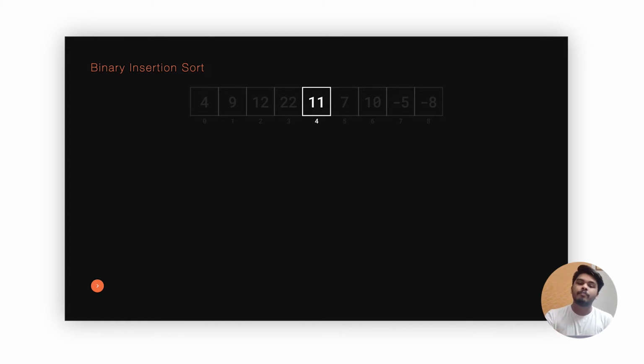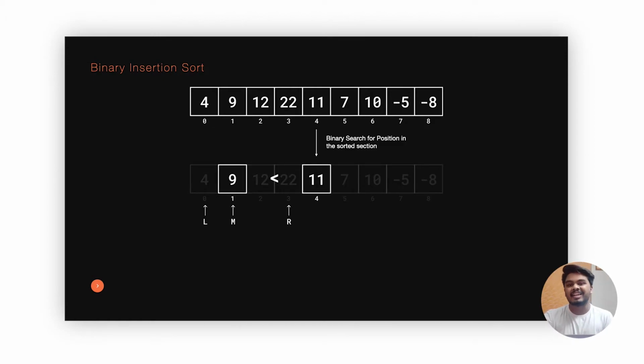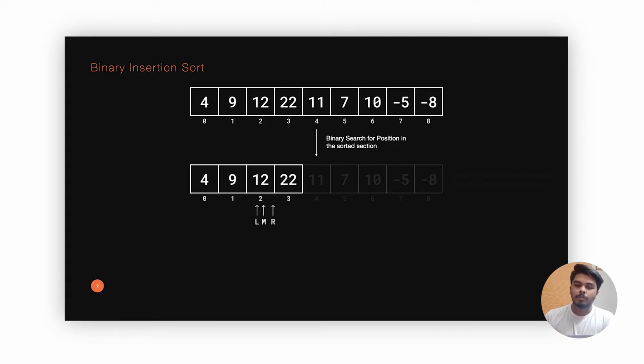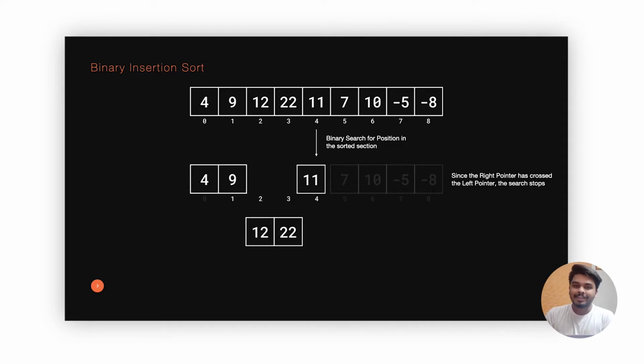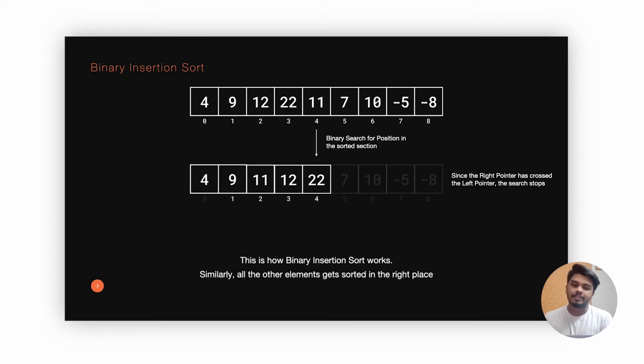But here, we perform a binary search, a normal generic binary search where we use left, right and mid pointers to find the correct position where 11 should be placed. Now, when we find the correct position, the search stops and 11 is shifted to its correct position and all the elements are shifted one place to the right. Similarly, all of the other elements are also sorted.